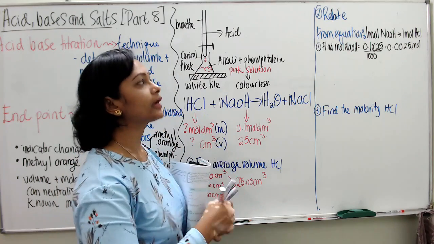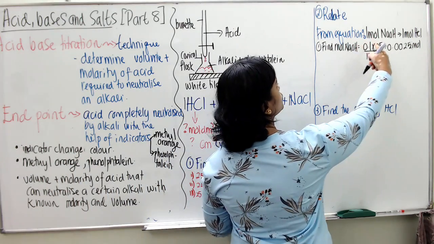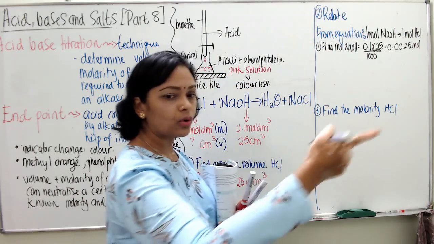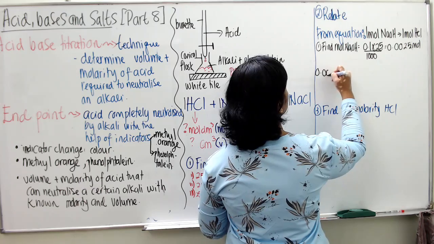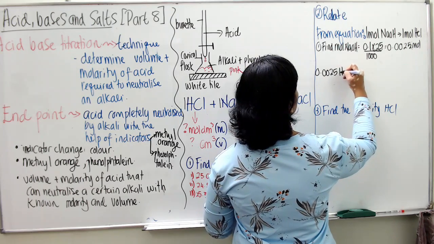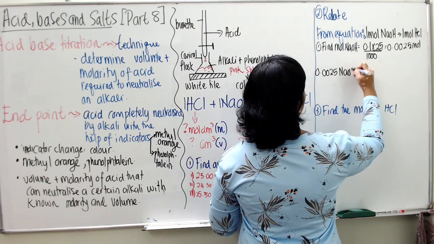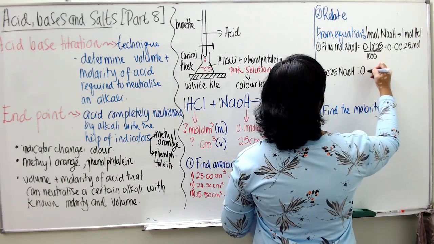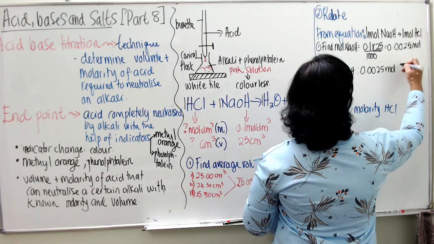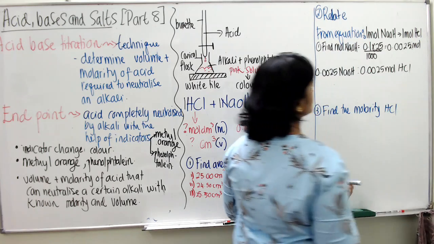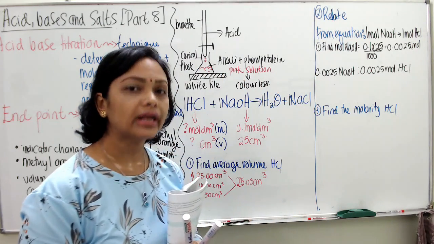So from here you can relate. When 1 mole of sodium hydroxide is needed for 1 mole of hydrochloric acid, obviously 0.0025 mole of sodium hydroxide is needed by 0.0025 mole of hydrochloric acid. This is what the teacher calls relating.